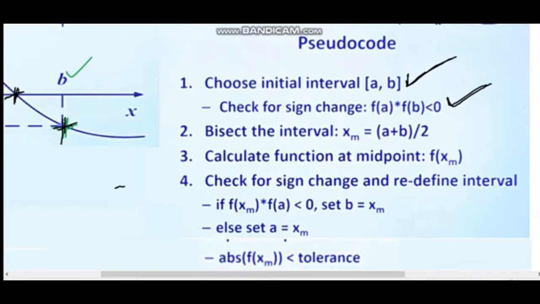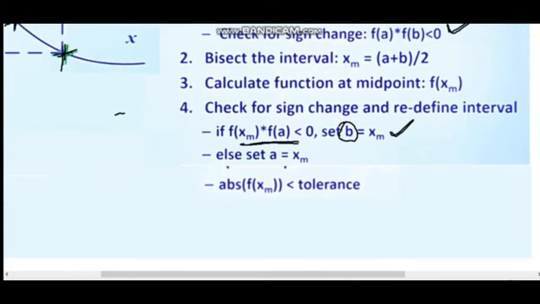Now you have to find the midpoint, or bisect the interval, that is x m equal to a plus b by 2, and find the value of the function at x m. You check whether f of x m is negative or positive, and the condition is like this. If f of x m times f of a is less than 0, then set b equal to x m, because when it becomes negative, you have to replace b, that is the negative boundary, with the new value x m.